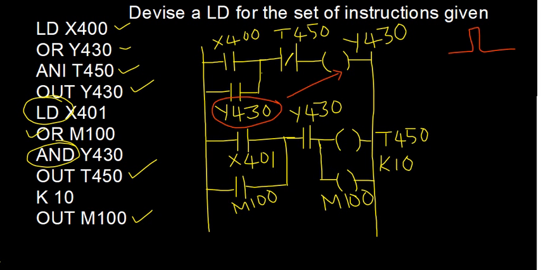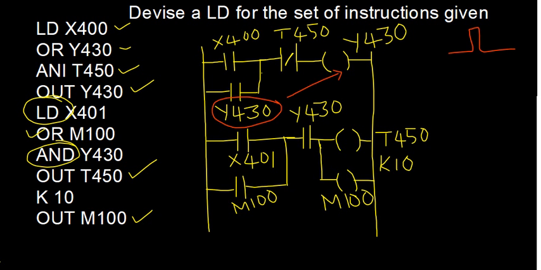That means when you press X400, momentarily your Y430 starts there, as you can see. Since Y430 starts, its contacts are connected in parallel with X400. Even though your X400 is removed, your Y430 will continue to operate.